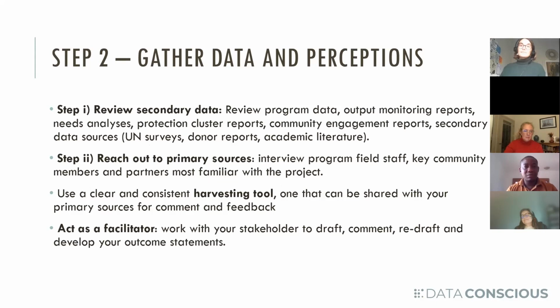We're talking about looking at program data, output monitoring reports, needs analyses, cluster reports, a wide set of surveys that you might have done or others might have done, academic literature, everything, and using a very clear and consistent harvesting tool that I will come on to on the next slide that can help you to ascertain and understand what changes have happened and how your program has contributed to them.